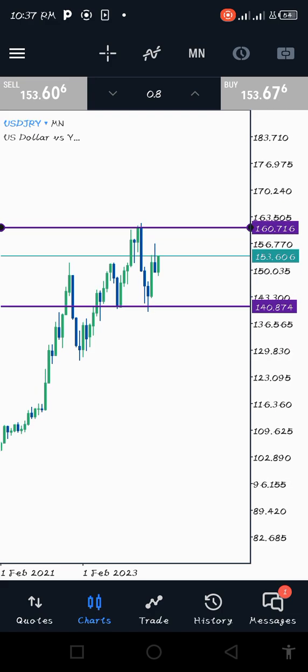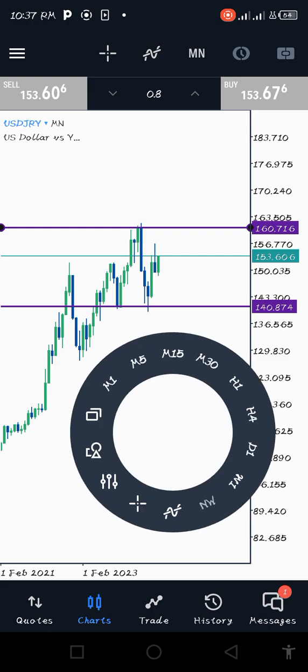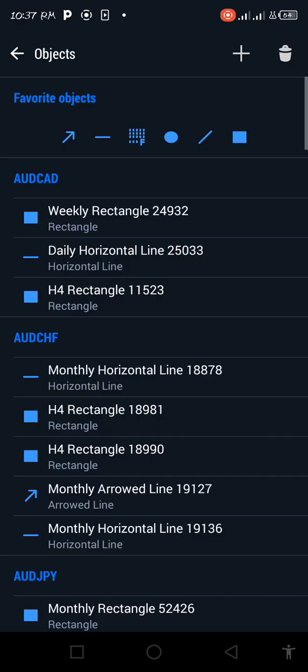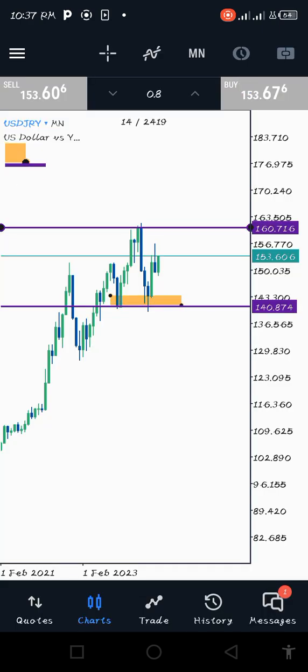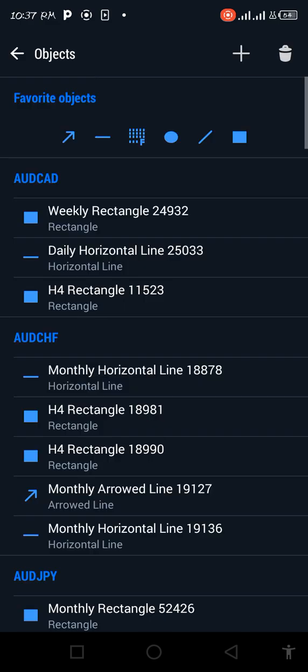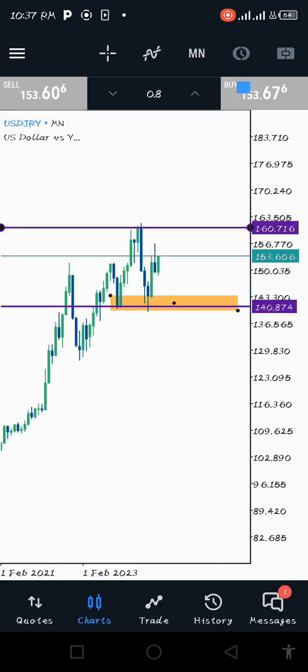So we understand that we are operating in that range. So what do we know? This part is a discounted part, and this is the upper part of that range.